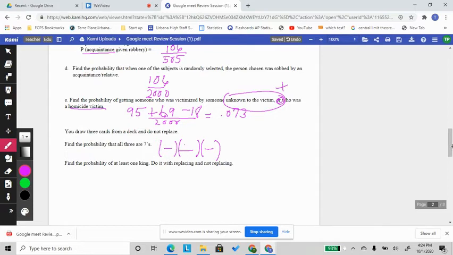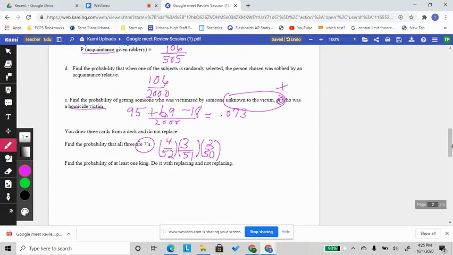So first pull, there are 4 7s in a deck out of 52. Now, you're not replacing, so there's only 51 cards left, and you're pulling out 3 7s in a row. So 3 over 50, pulling out 3 7s in a row. You already pulled 1, 2, so there's only 2 left. Change these to decimals, multiply them together.